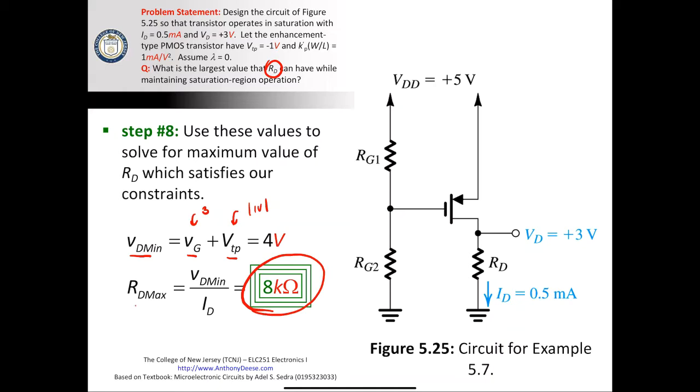So that's the maximum value, and this should be absolute value, I apologize. And so that gives us the value of RD max. So anything larger than 8 kilo ohms will push our PMOS transistor down into the triode region.